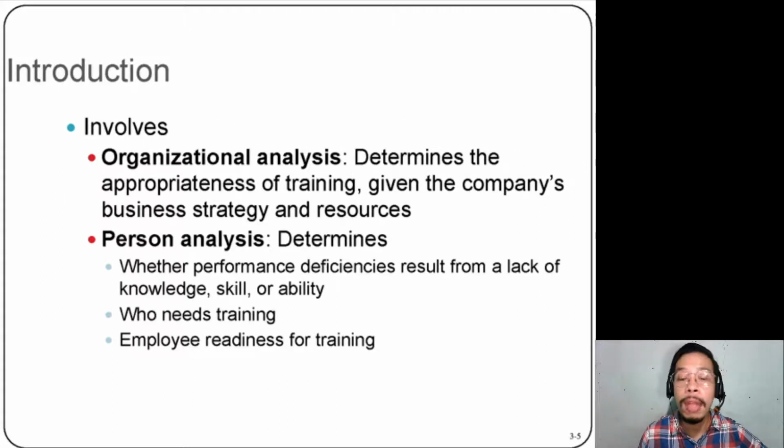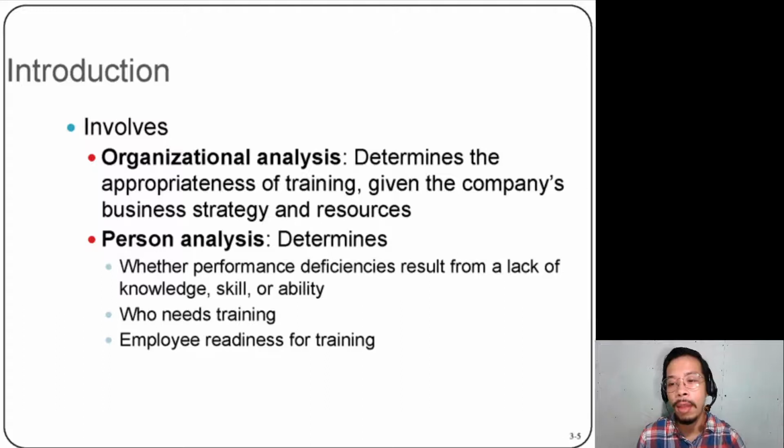So on the example that I've mentioned earlier, I've already been discussing the different analyses that should be done in an organization, and we started with the organizational analysis. I think I've mentioned earlier the goal of the company. What is the goal of the company? And this is where the business strategies on training and development, which was discussed in the previous lecture, come in, right?